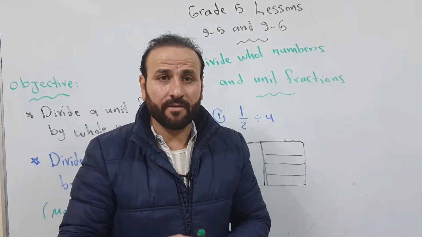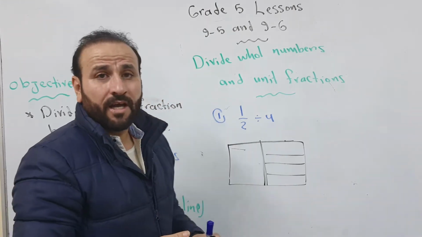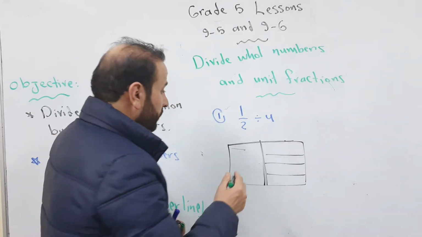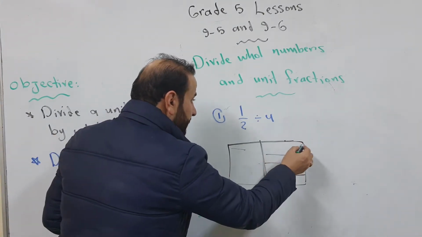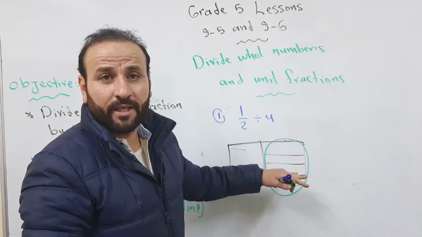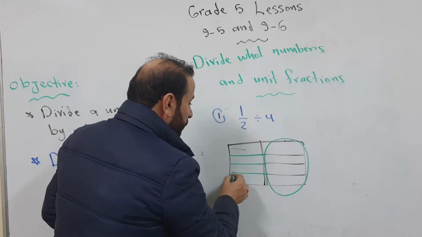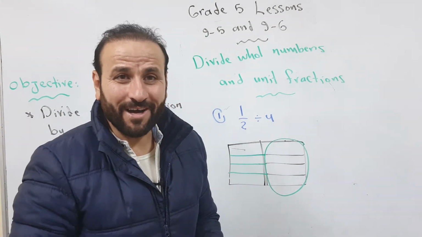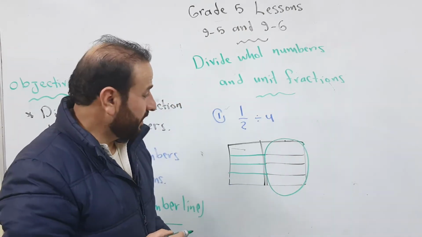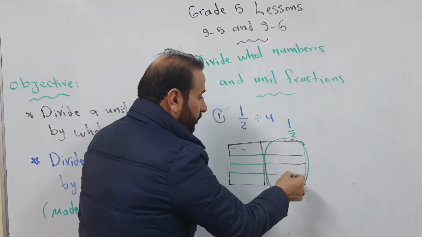So what's the way to understand this? Let me complete the other half and cut it into 4 parts also. So here we have this half divided by 4. I divide it into 4 equal parts and divide the other half into 4 equal parts.